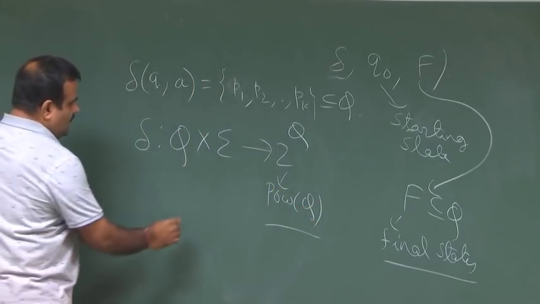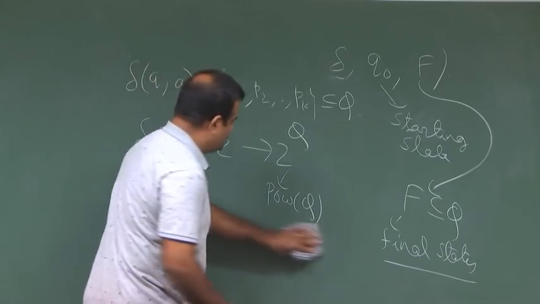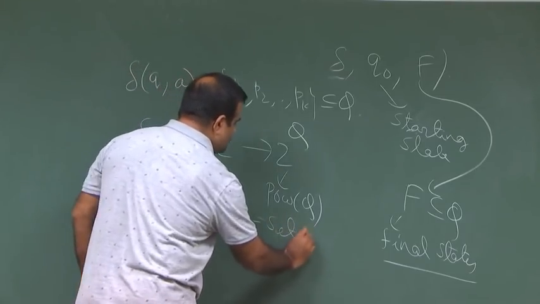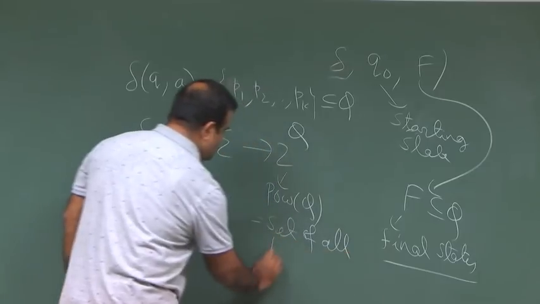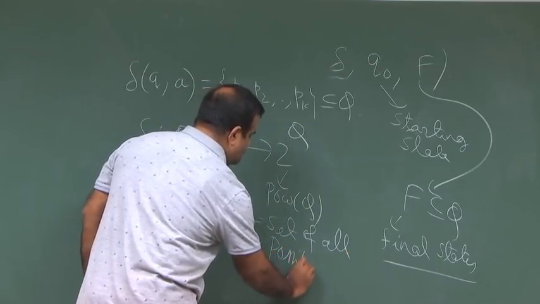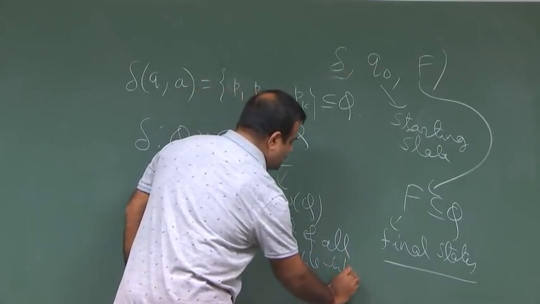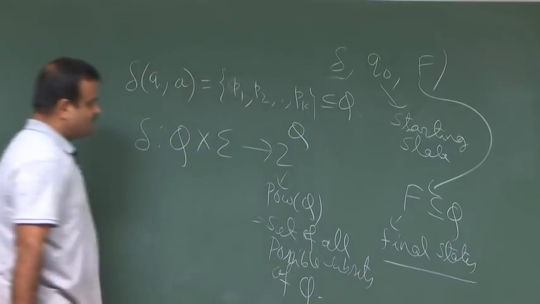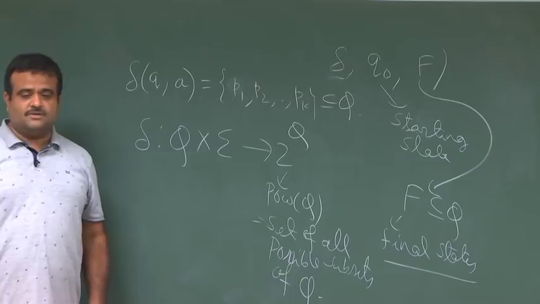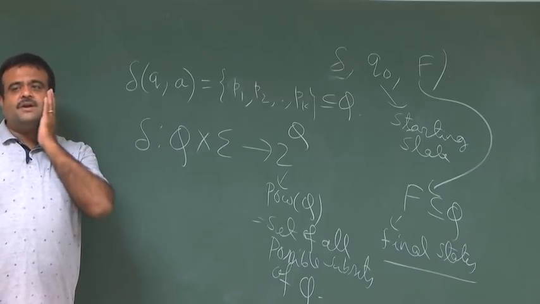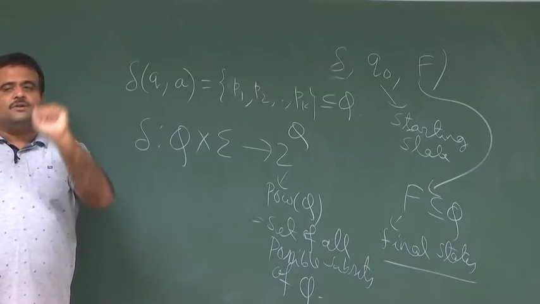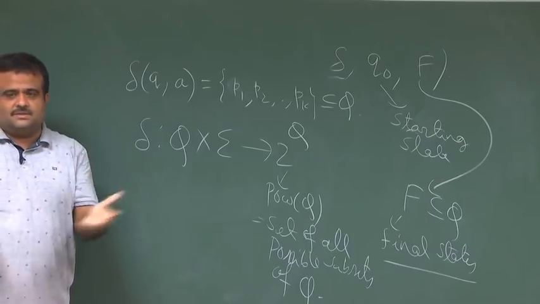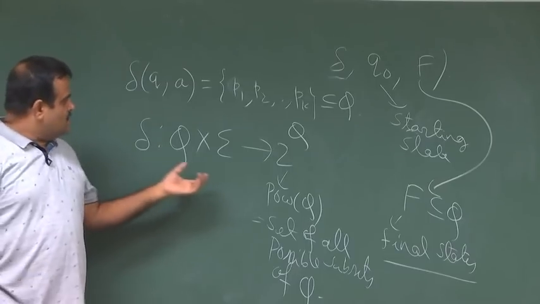This is basically the set of all possible subsets of q, that is called the power set. So, it is a non-deterministic function. We can go to any one of the states in this subset.